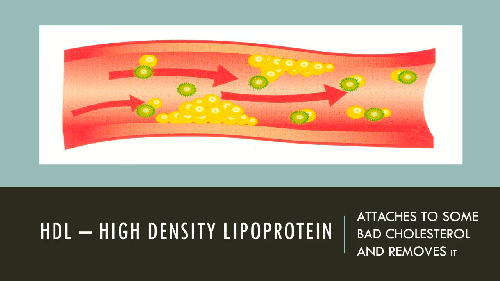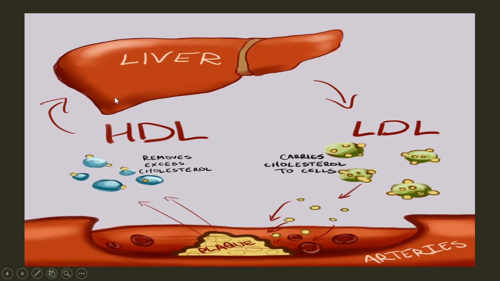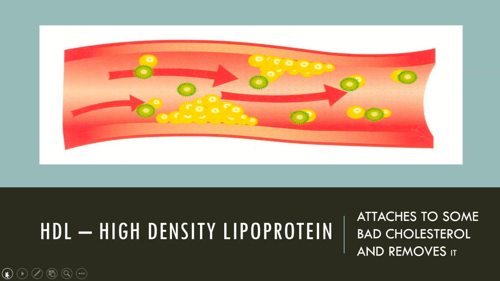The HDL, or the high density lipoprotein, has the opposite effect. If you look at the little green figures here, these are the good cholesterol. And as the good cholesterol moves through the bloodstream, it's actually attracting some of the bad particles, attaching with them and taking them out of the bloodstream and into the liver.